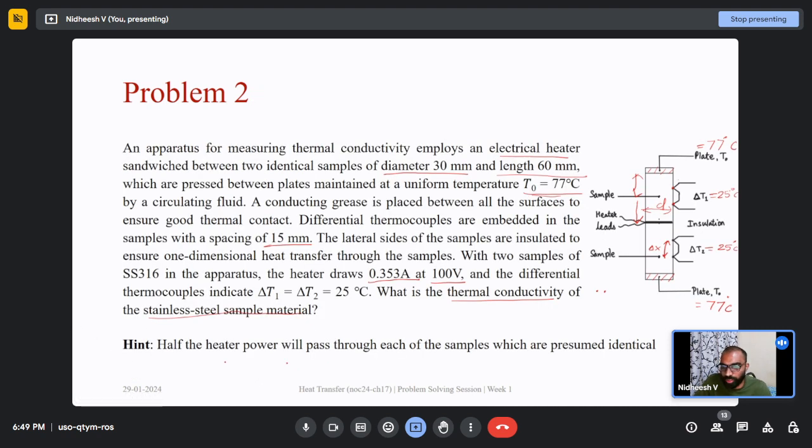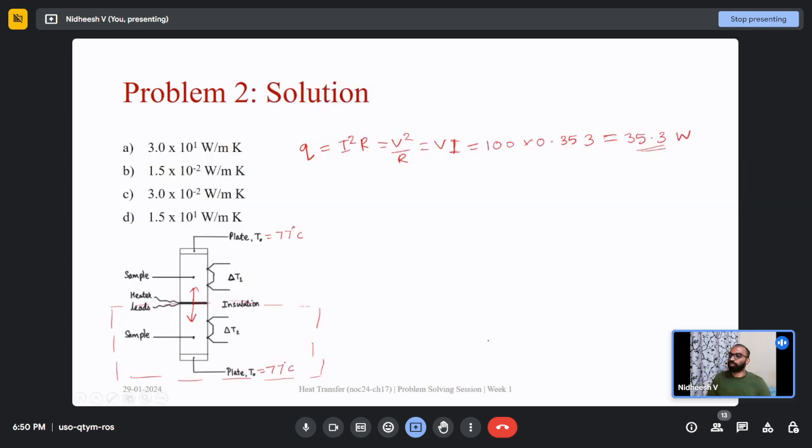Half the heater power will pass through each of the samples which are presumed to be identical. Is the simplification clear? Can someone confirm? Is it clear? Yes, sir.